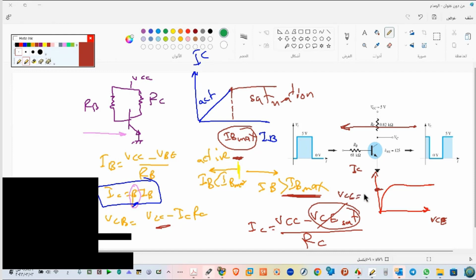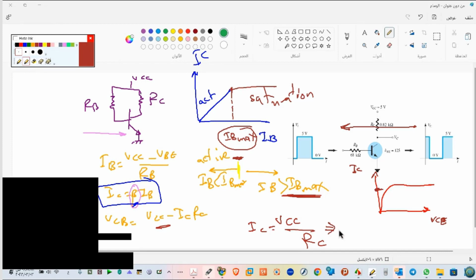In our book, VCE saturation is 0. In another book, they will write VCE saturation equals 0.2 volt. But in our book, we use VCE saturation equal 0. So I just have this formula, and I will calculate IC from it.